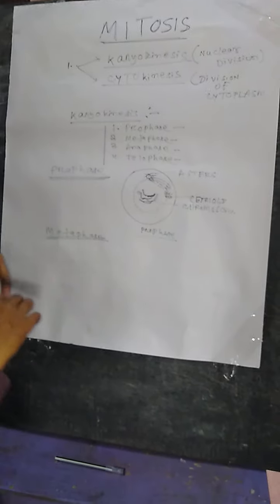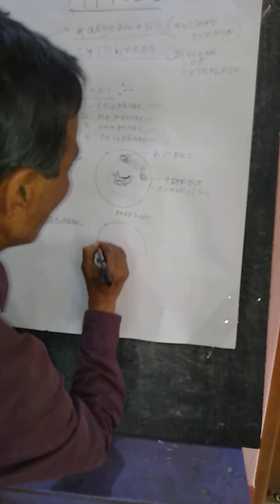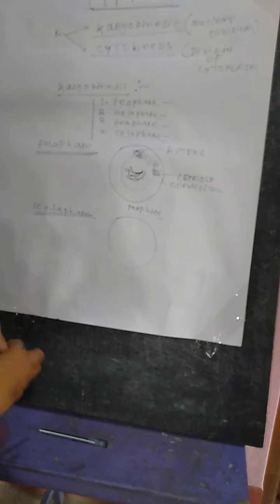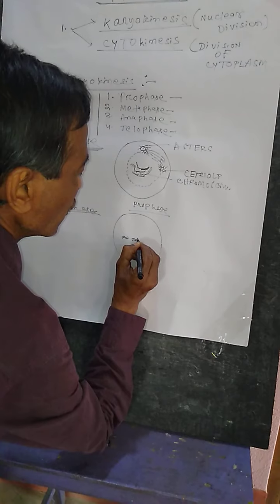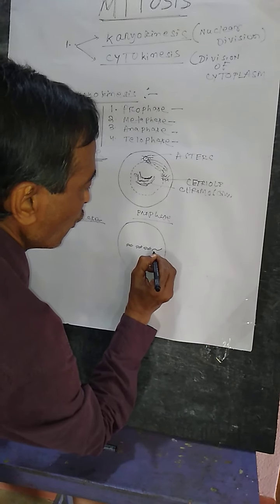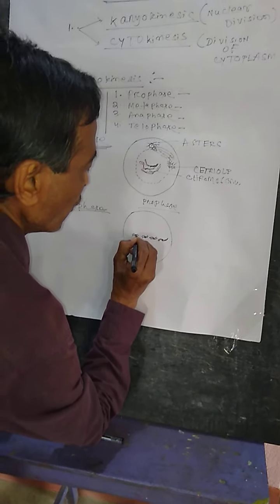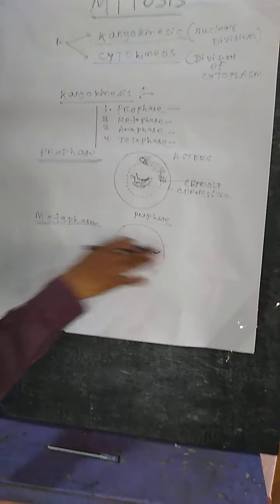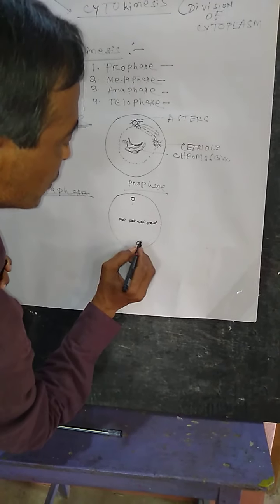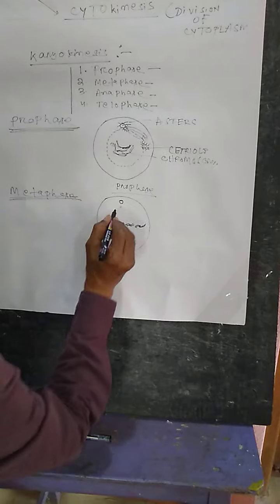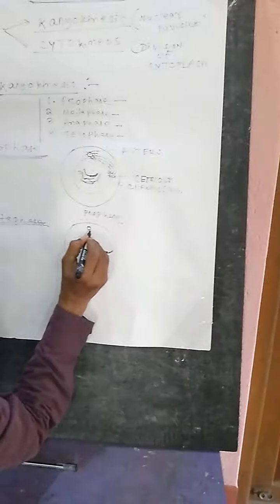In metaphase, the chromosomes are arranged in an equatorial line, in the same plane along the equator. The two centrioles reach each pole, radiating spindle fibers and astral rays.